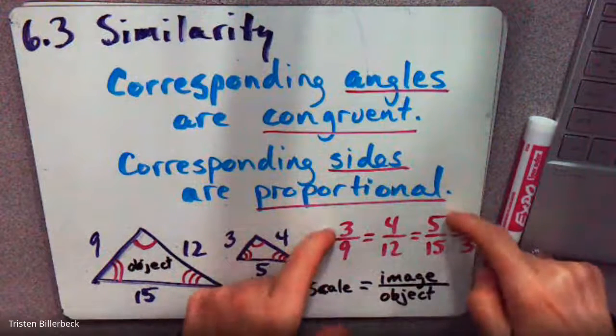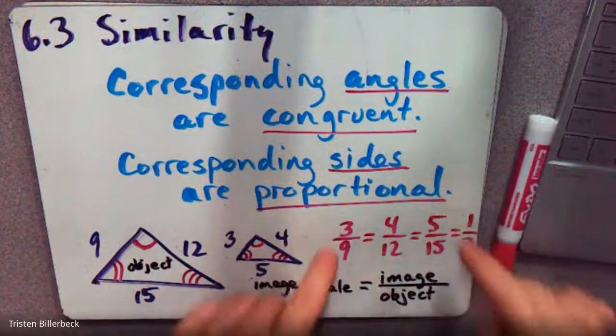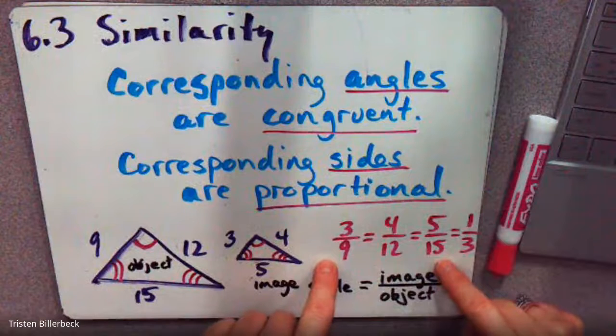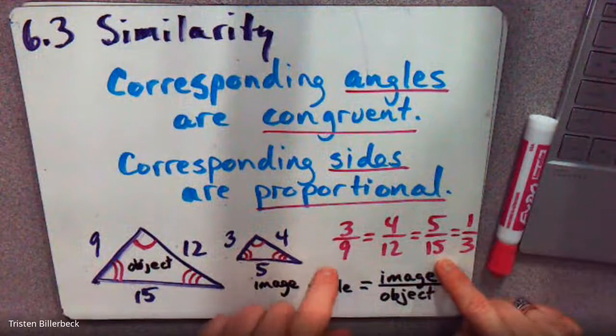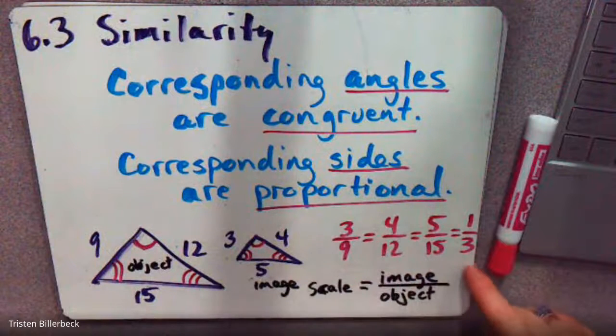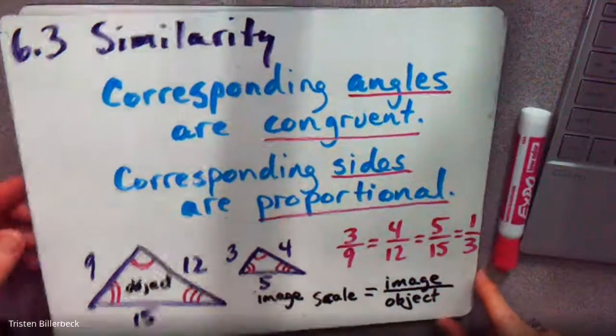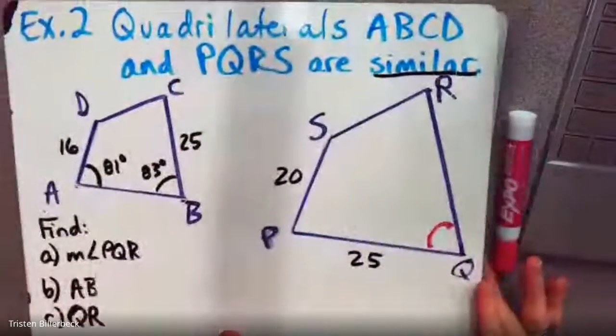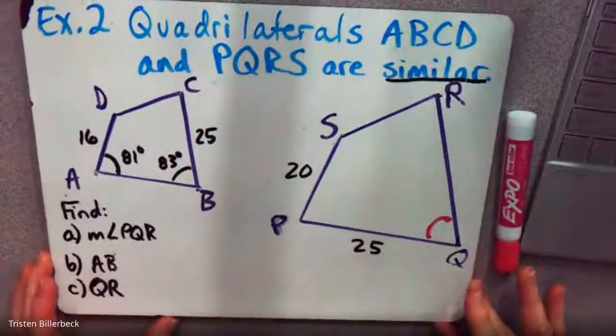So the image sides are over their corresponding object size. And then when we reduce this, all of these reduce to 1/3. So that's how we know we have a similar shape. So corresponding sides would then be proportional.